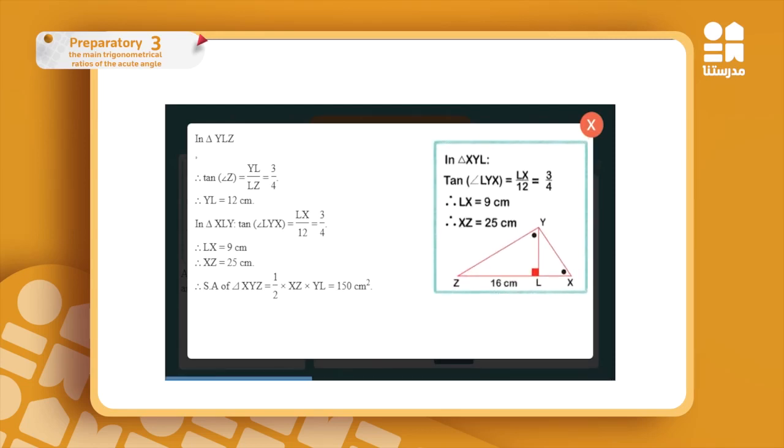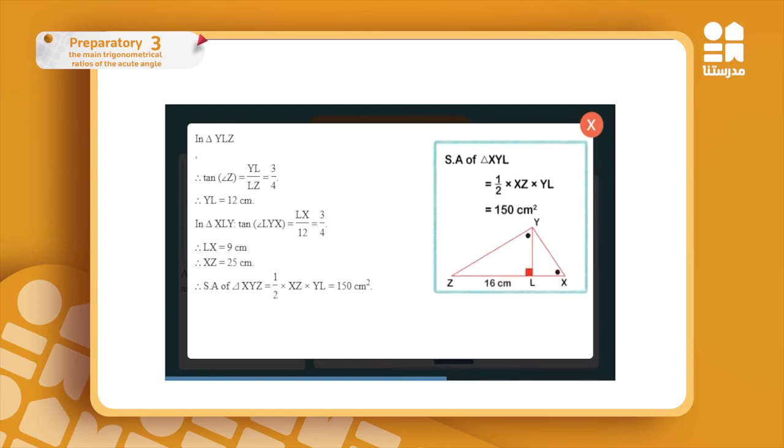After that, we get the length of LX also from the ratio, and it is 9 centimeters. This means XZ equals 25 centimeters. Putting this value in the surface area rule, will give 150 centimeters squared for triangle XYZ surface area. Now, would you think of another real-life application for the trigonometric ratio?